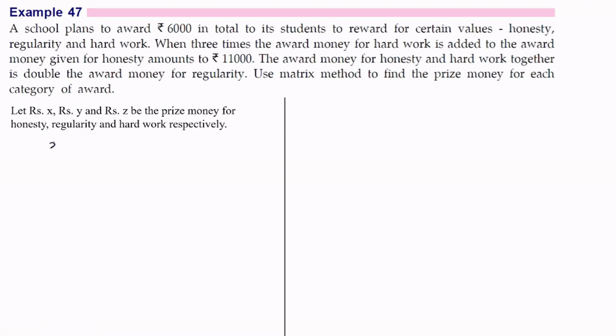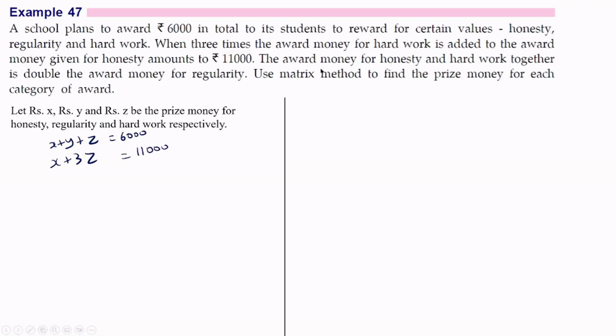As a result we have x plus y plus z is equal to 6,000. Then it is given 3 times the award money for hard work is added to the award money for honesty, so x plus 3z is equal to 11,000.